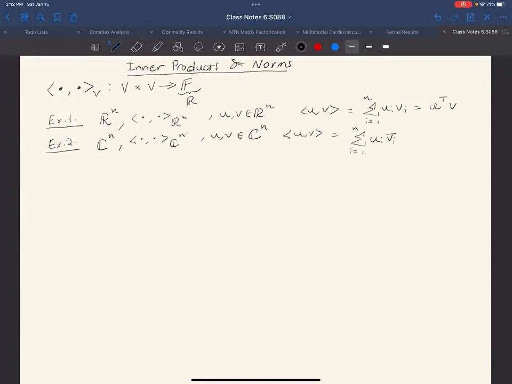You're going to have to take the complex conjugate. And this is to satisfy one of the requirements of the inner product, that it has this anti-symmetry property, where if I swap the order of the elements of the inner product, I have to take this conjugate. It's conjugate symmetry, I should say.